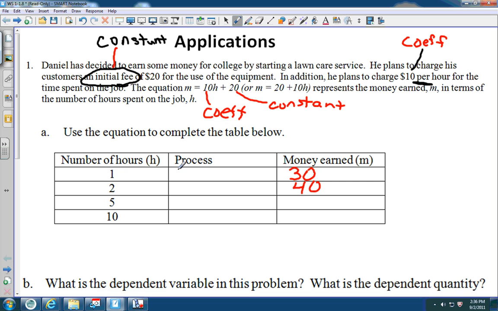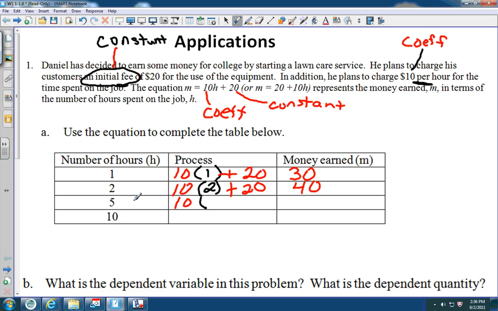You're taking the $10 times the amount of hours, plus the constant. The constant is 20. This one here, 10 times 2 plus 20.